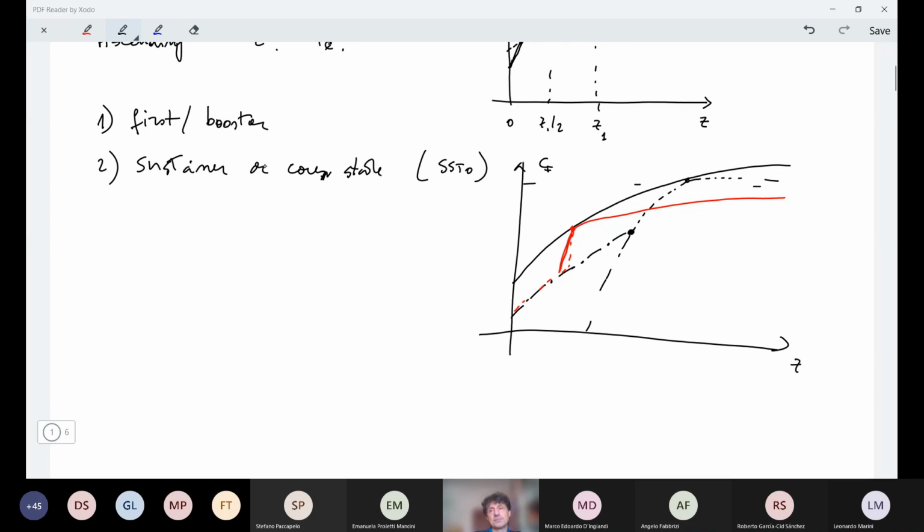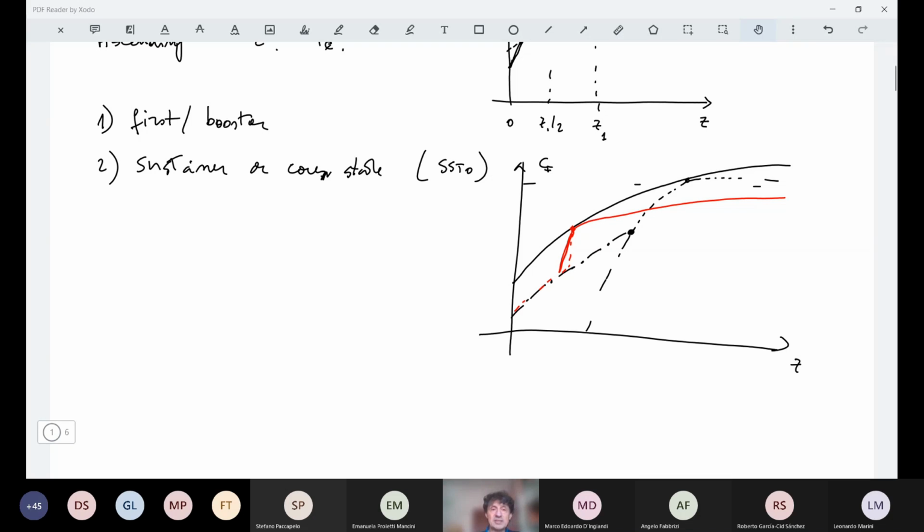So the problem is now focusing on this overexpansion here at sea level that brings us to work in such overexpanded condition that we have flow separation, which is represented by this dash-dot line.